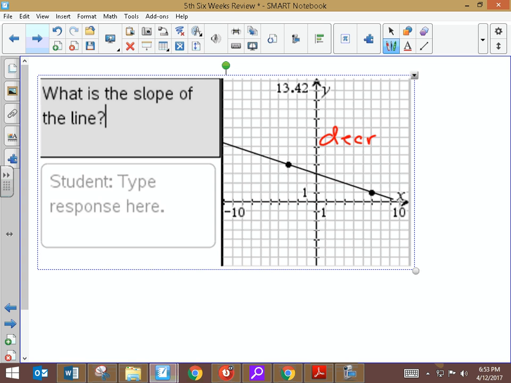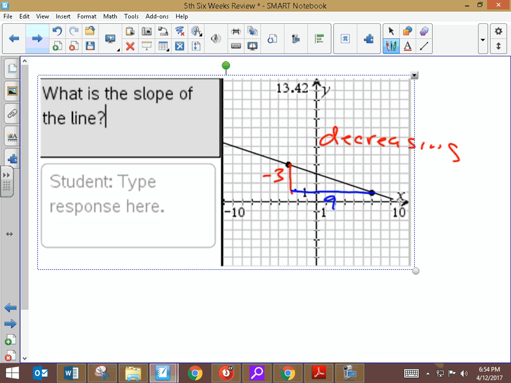But anyway, I look at from this point to this point, I'm going down 3. So that's going to be a -3. That's my rise. My run is 1, 2, 3, 4, 5, 6, 7, 8, 9.